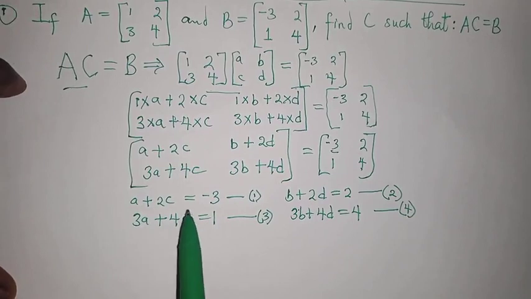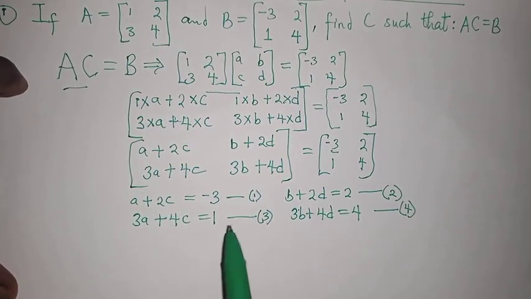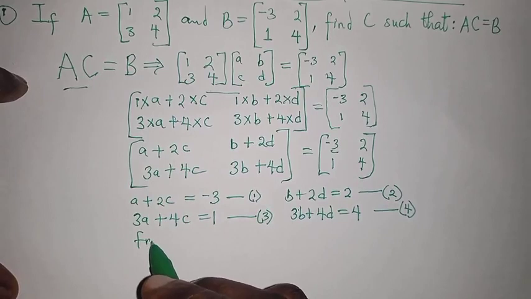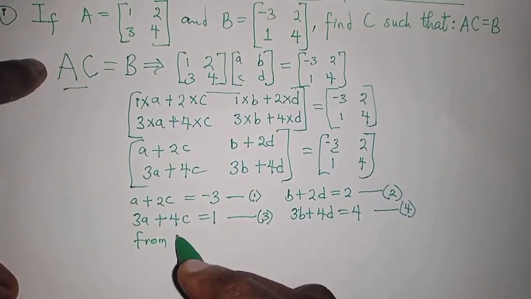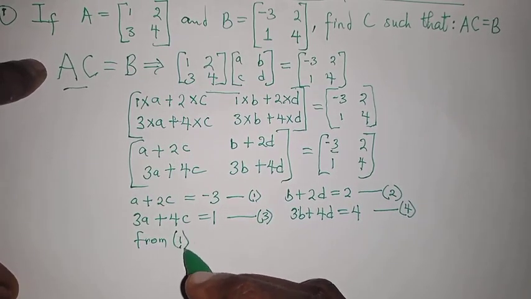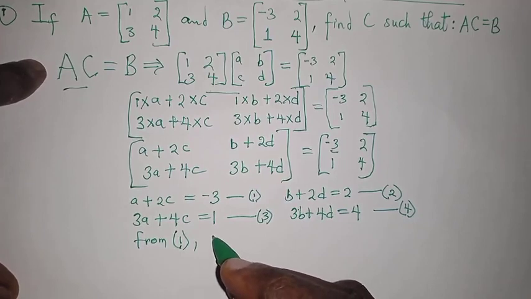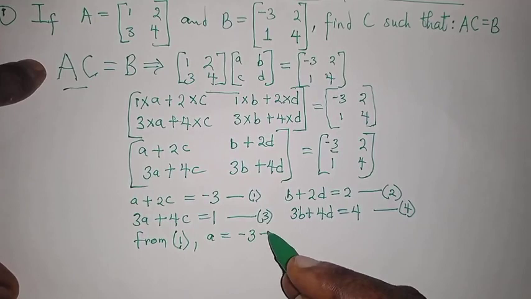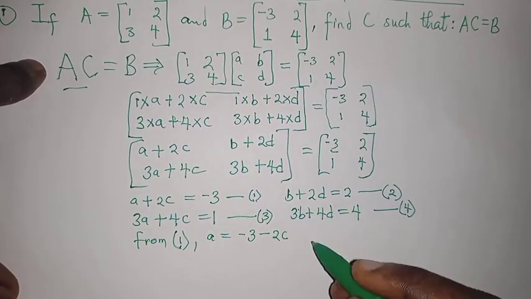If A plus 2C gives me this, which of the problems can I quickly fish out the answers for? So from equation 1, I can transform equation 1 to give me A equals minus 3 minus 2C.